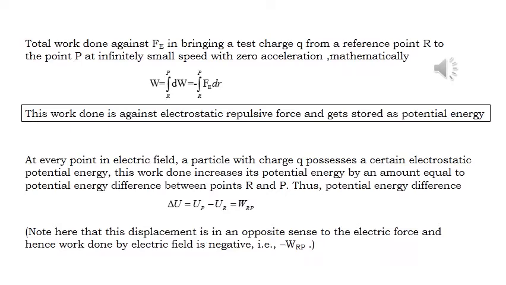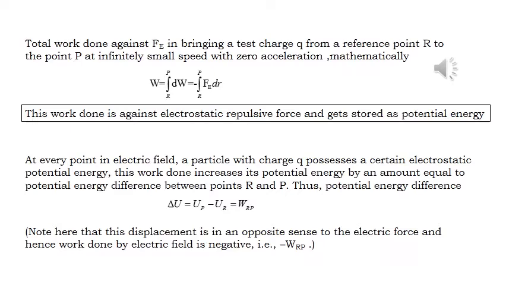What is happening? This total work done is converted, or stored, in the test charge in the form of electrostatic potential energy, denoted by U. Okay, but remember, at every point in the field, a particle with a charge q possesses a certain electrostatic potential energy. Accepting this concept, due to the work done, its potential energy increases by some amount.